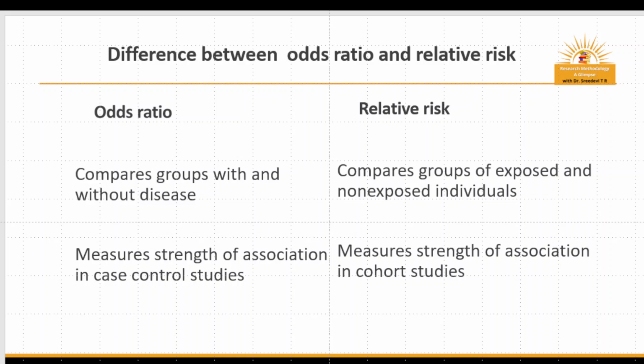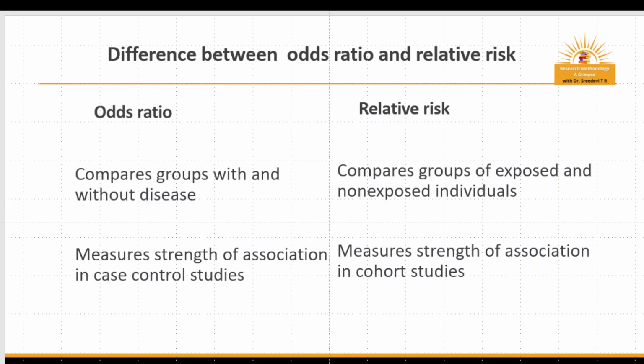Relative risk compares groups of exposed and non-exposed individuals, that is, smoking groups. The groups are without disease and followed up to determine whether a specific disease develops. So, smokers and non-smokers are followed up to determine whether lung cancer or any other specific disease develops.